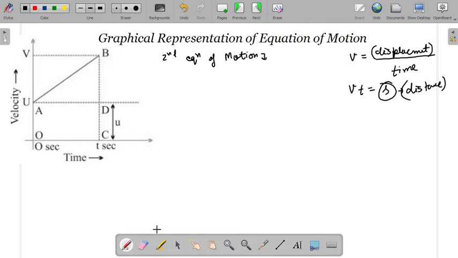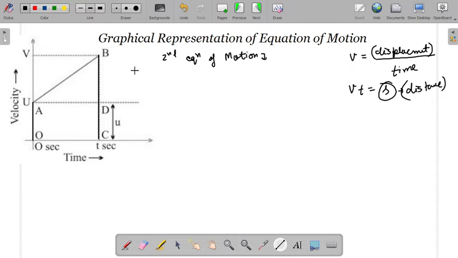Basically, for that we have to calculate the area covered by AB. What is the area covered by AB? This whole area is covered by AB. It means OABC.